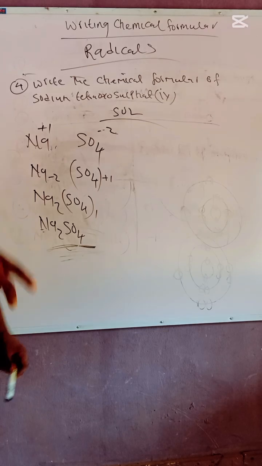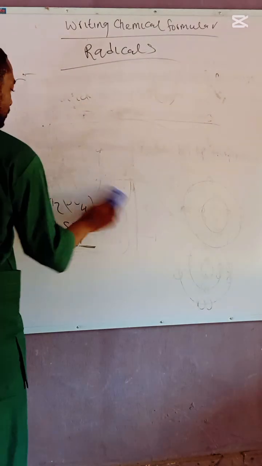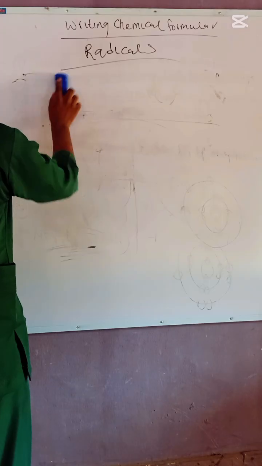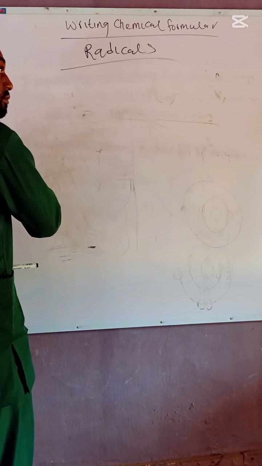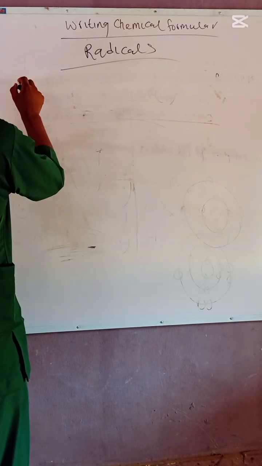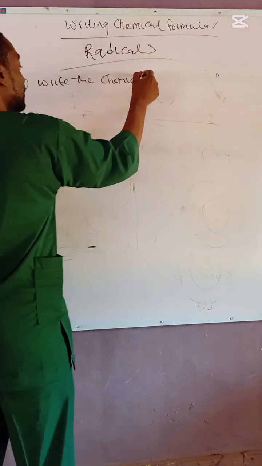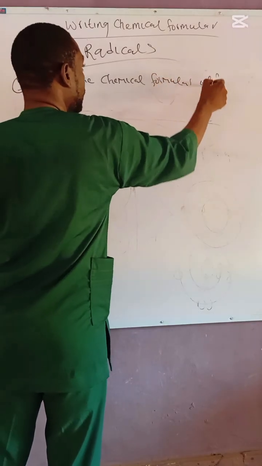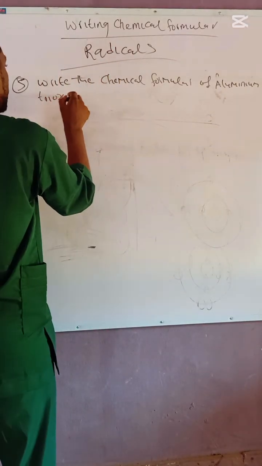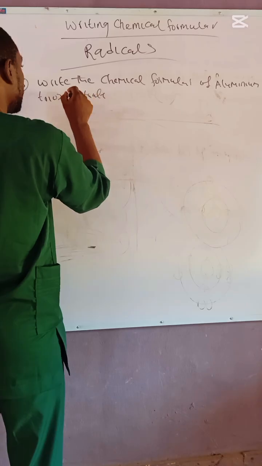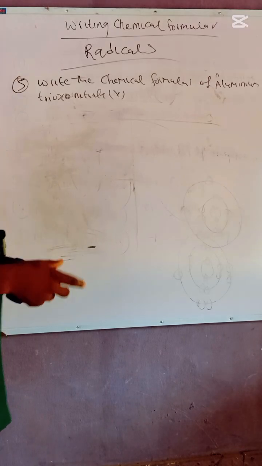Now let's write another example: aluminium trioxonitrate 5.